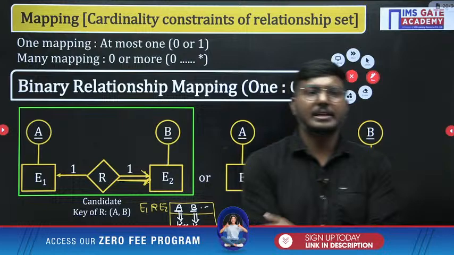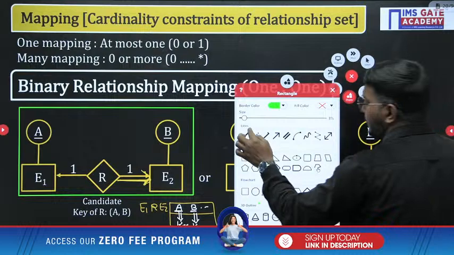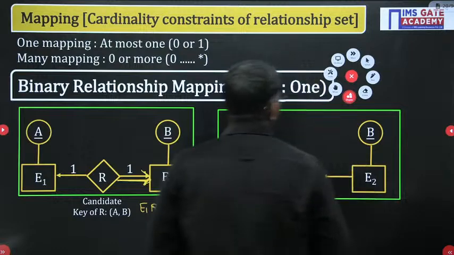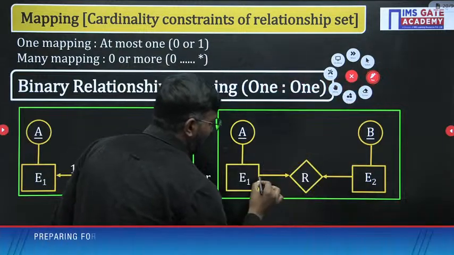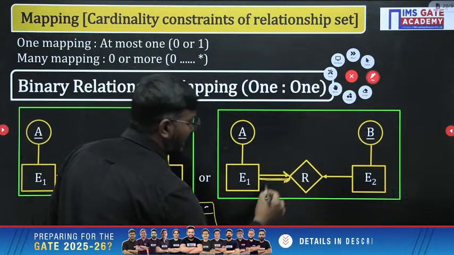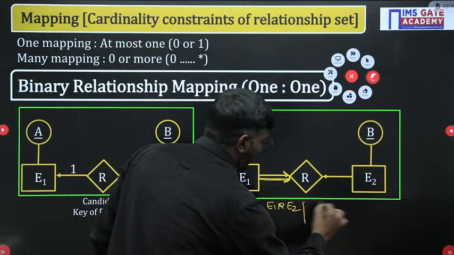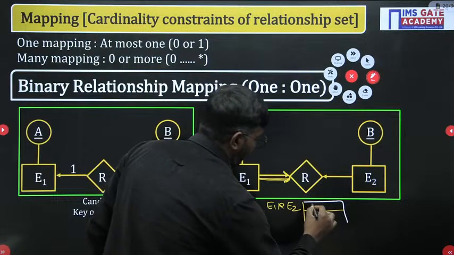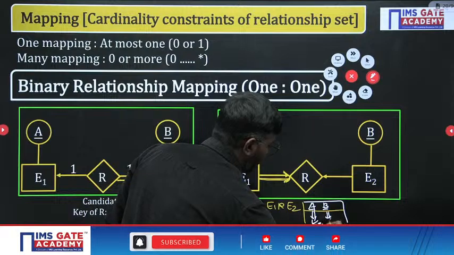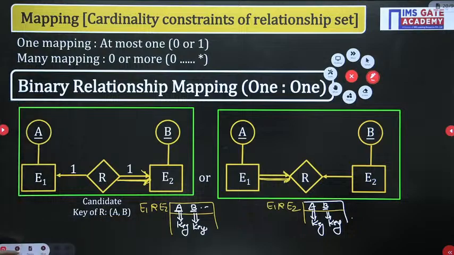Now similarly here also, if any one side has total participation, then it will merge into a single table like E1, R and E2. A and B both may be the keys. Now see, next.